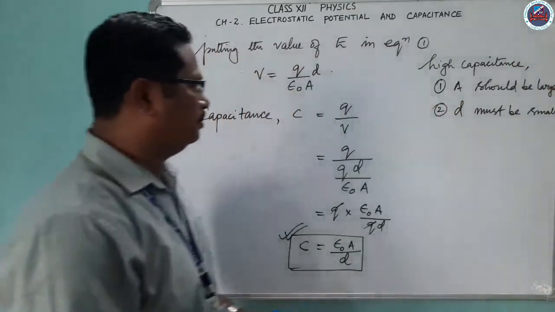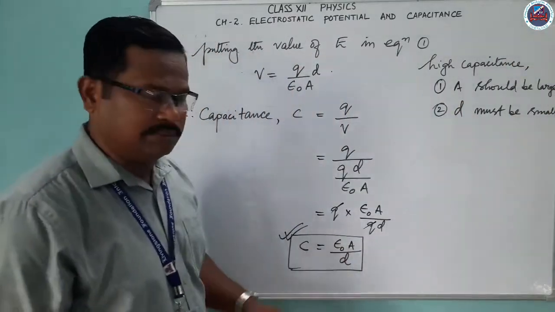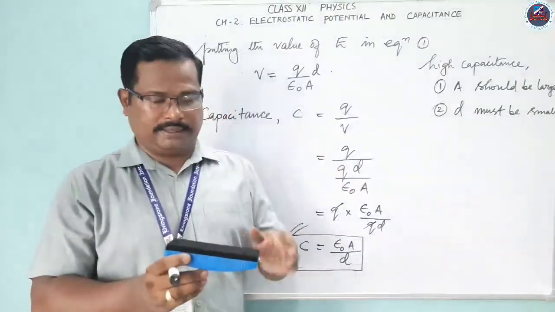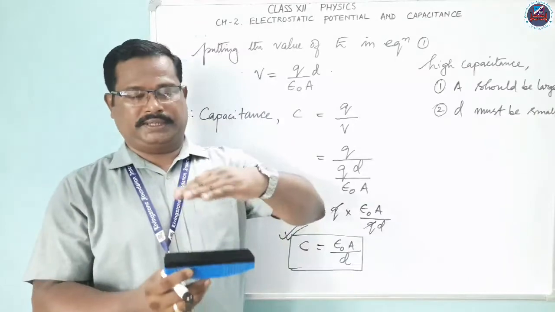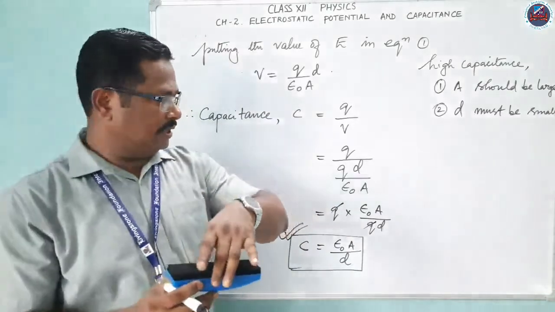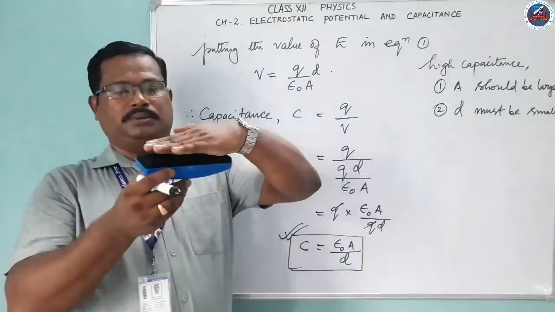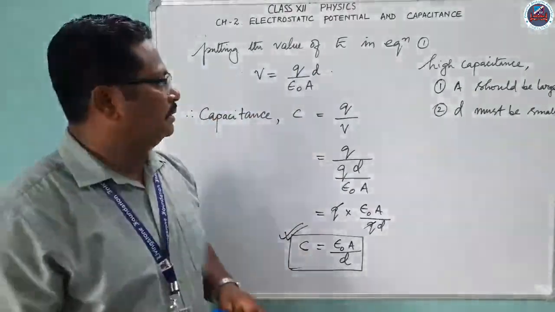These two things you have to keep in mind. The area between the plates should be large. If this is the plate, then the area facing each other must be large, and the distance of separation between the plates must be as small as possible.